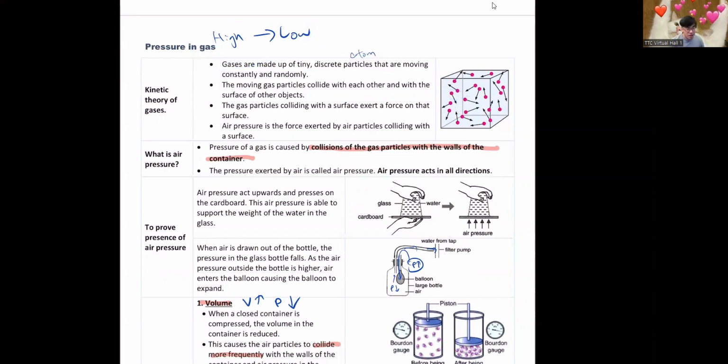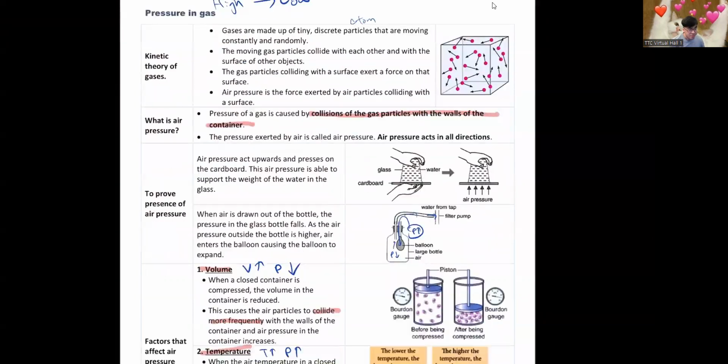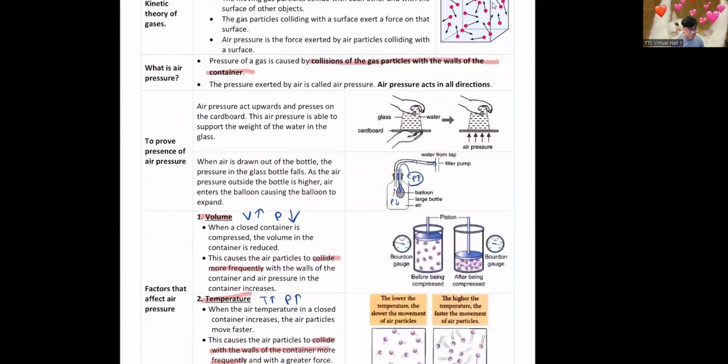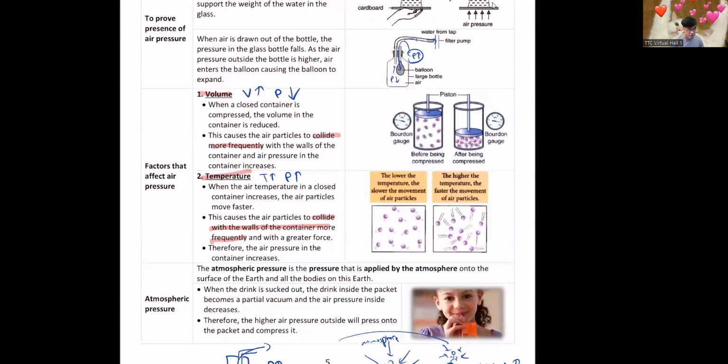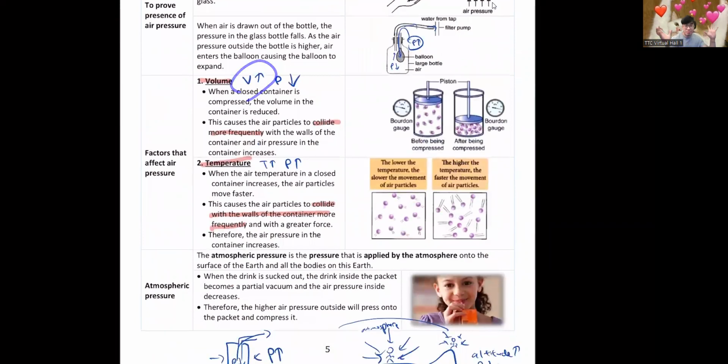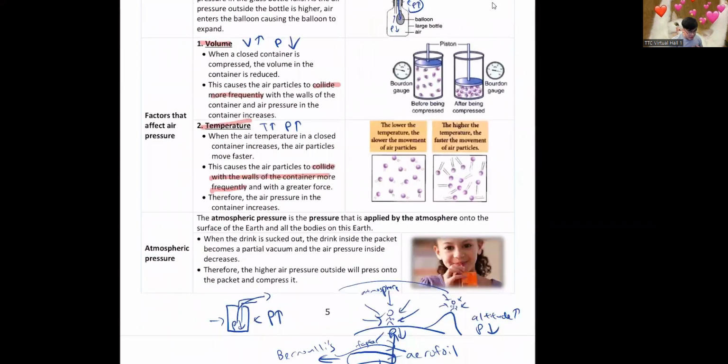They bang on the wall of the container, so they generate pressure. Two factors affect pressure. You have your volume: the higher the volume, the bigger the room, the less pressure you feel. The higher the temperature, if I heat up the room, the particles run faster, so the larger the pressure. Pretty common sense here.